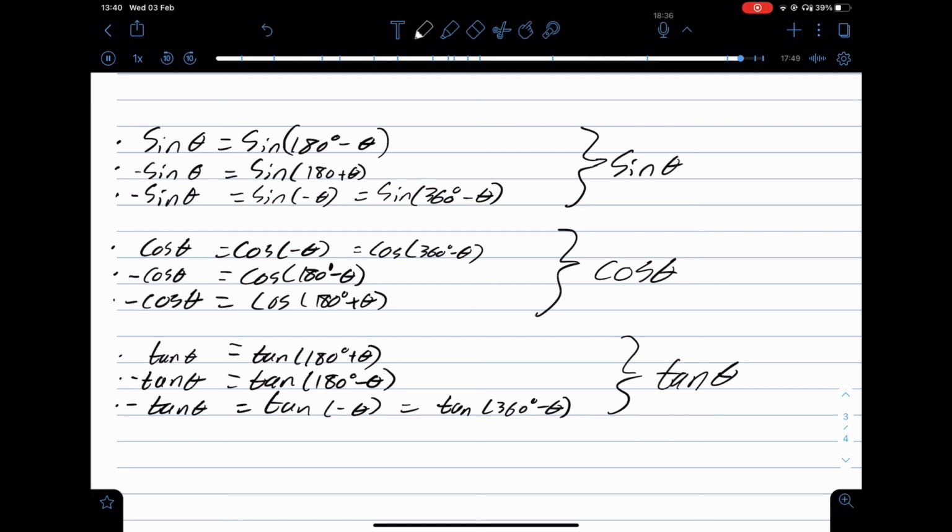And you can really derive all of these from the examples that we did earlier and more examples using different quadrants. But in general, this will be very handy to know if you're ever looking for a good quick reduction and you're stuck with a weird angle like 225 degrees, then you can see which reduction to use, and you can see whether your ratio will be positive or negative in that quadrant.